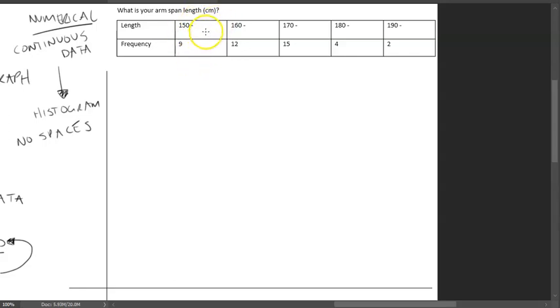If 160 centimeters was also provided as an answer, it will be put into this category here, or this length interval here. And this is what that little dash means, because I could have written between 150 to 160, and then between 160 to 170, and then 170 to 180.